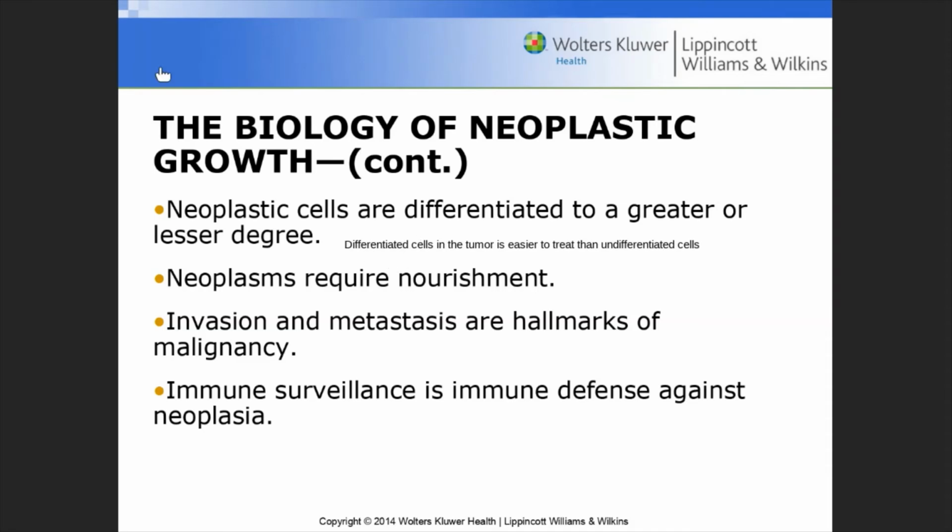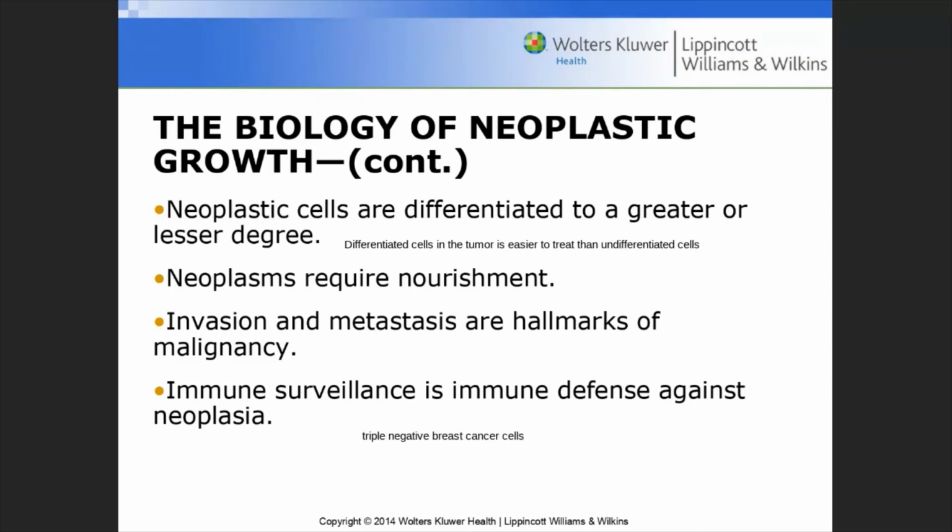Here's an example. One of the problems of treating breast cancer now is that there are breast cancer cells we call triple negative. Okay, triple negative breast cancer cell.